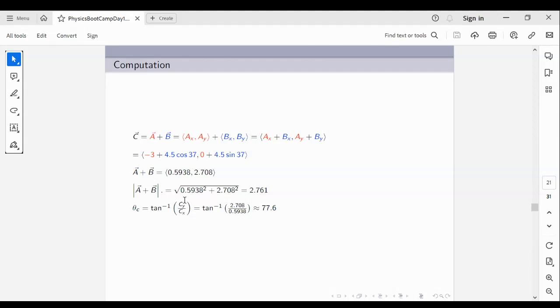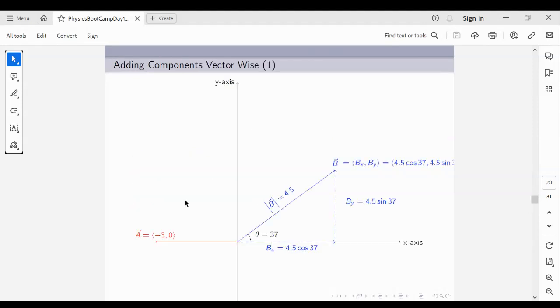Could you go back to the previous slide? Yes, of course. This one? Is this a slide? Yes. Okay. Yes, here we go.